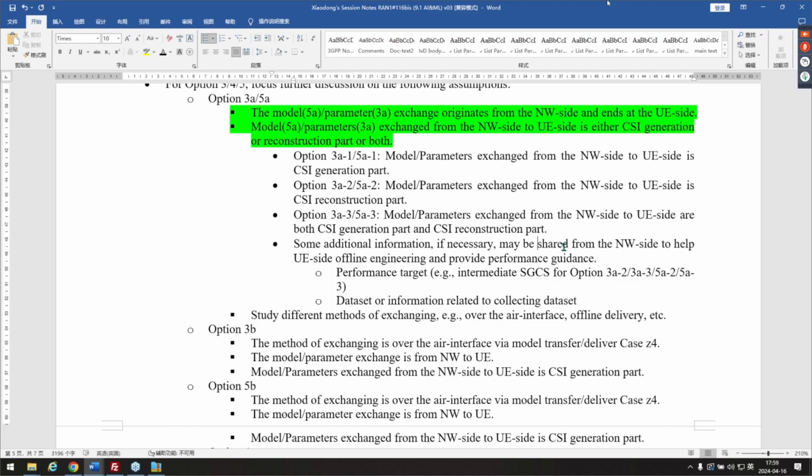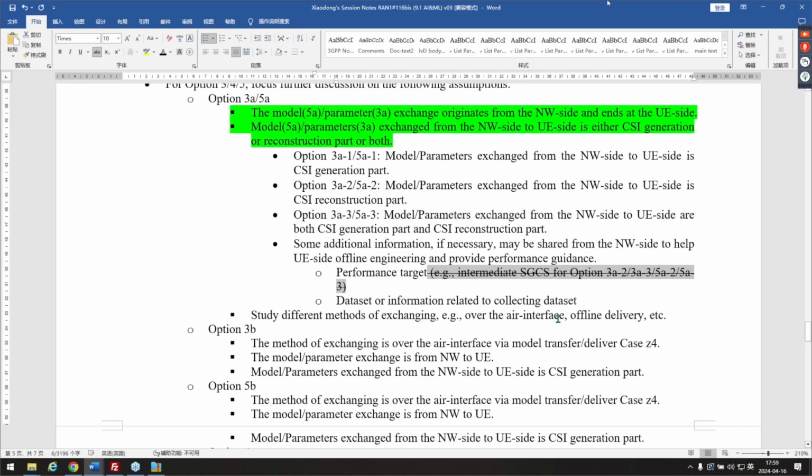So I think we don't need to list the options. We just say, for example, intermediate SGCS, then remove the option text till the end of the round bracket. I think that is more open. So remove the options. Only in the round bracket of the performance target, we say, for example, intermediate SGCS. I think that is enough. That is more generic.